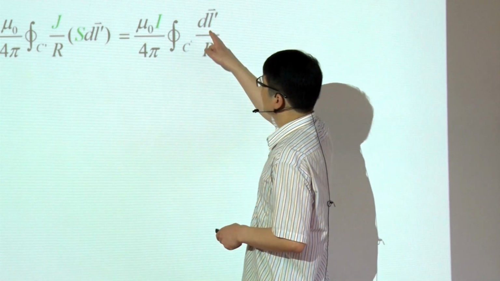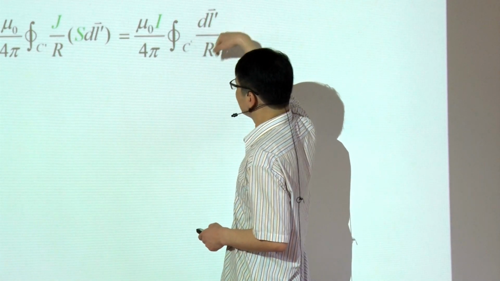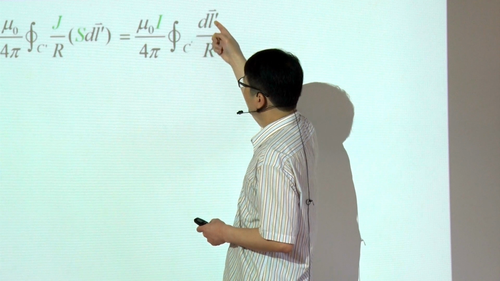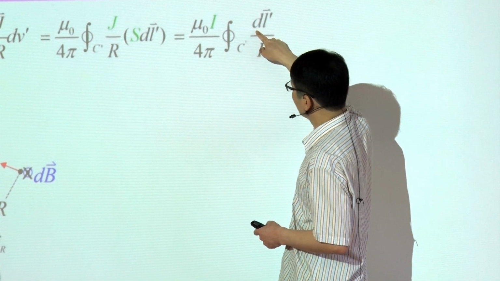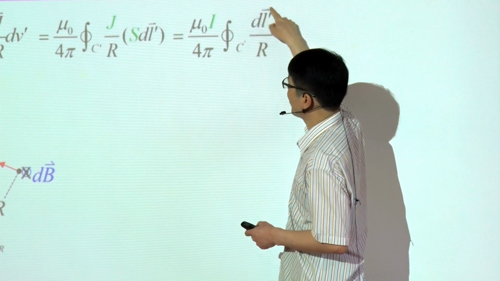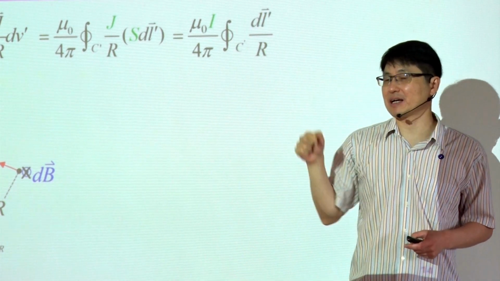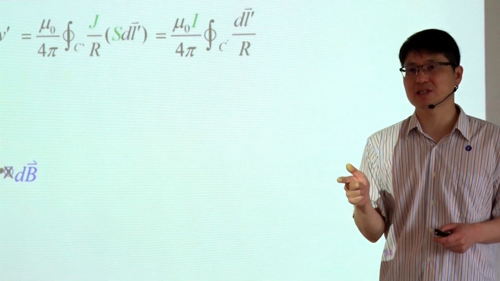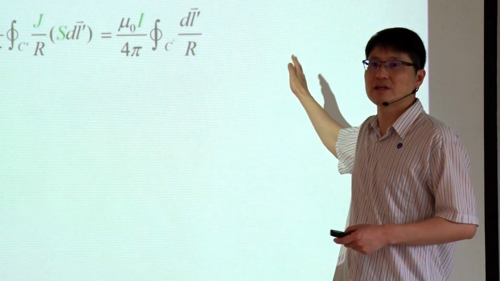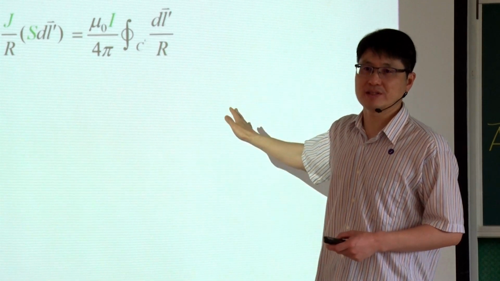All right, so if we have some current conducting closed loop, we only have to perform the closed loop integration of the differential length. So again, if you still remember, I spent so much time teaching you differential length, differential surface in vector analysis for obvious reasons.